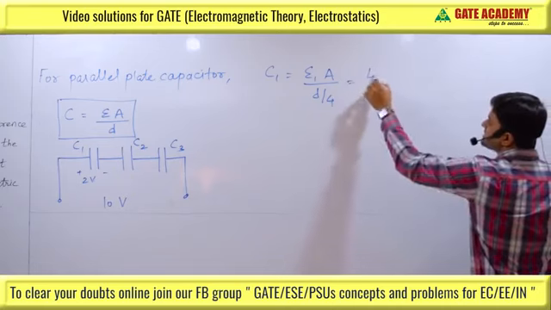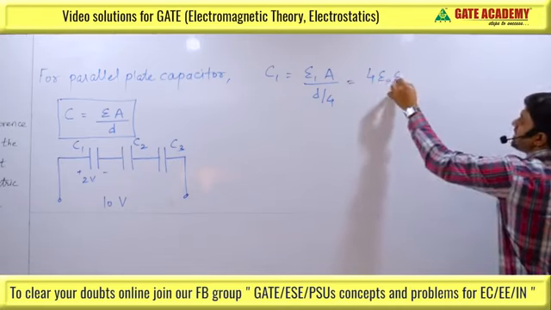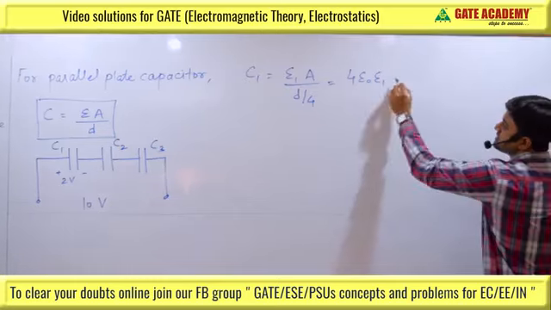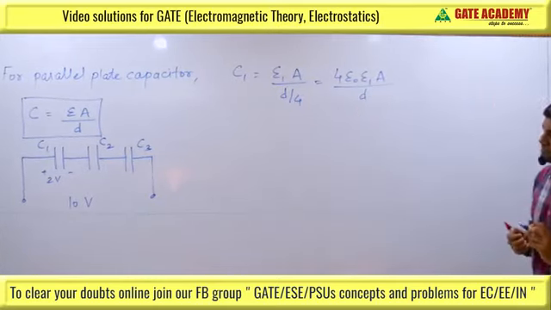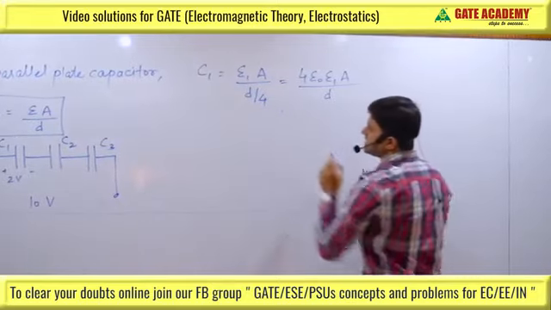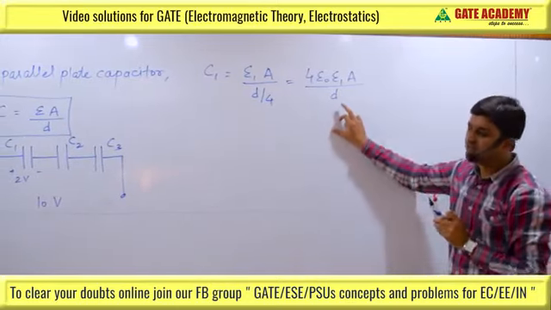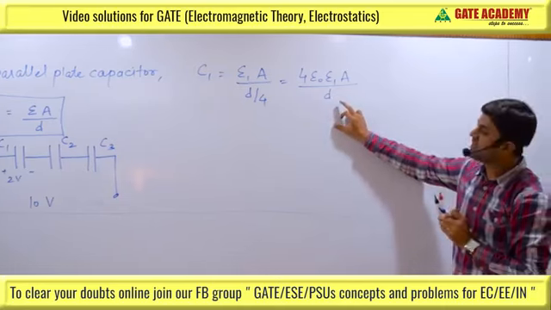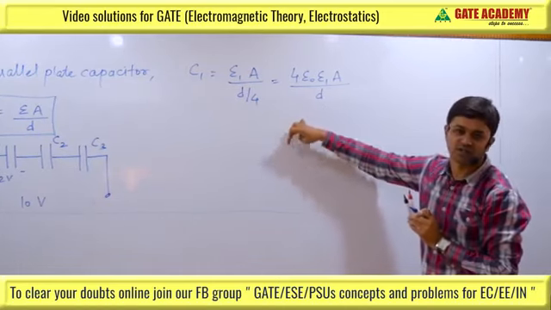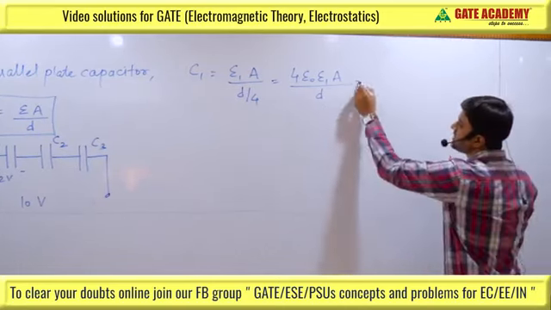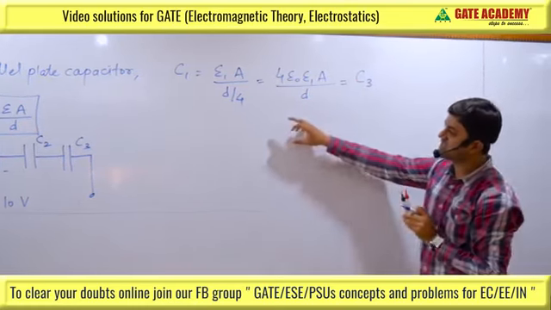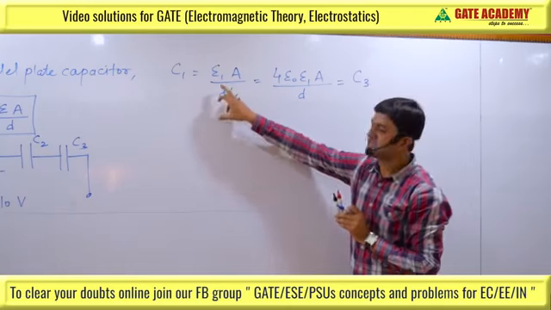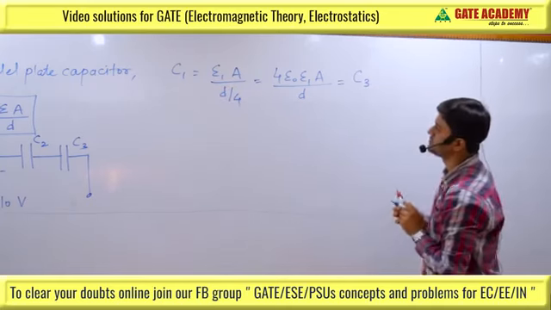So we can write it as 4 epsilon 1 A upon D. Similarly, the dielectric constant for the third region is also the same and the distance between the plates is also the same. Hence the capacitance C1 will be equal to capacitance C3, because the distance and the dielectric constant are the same.